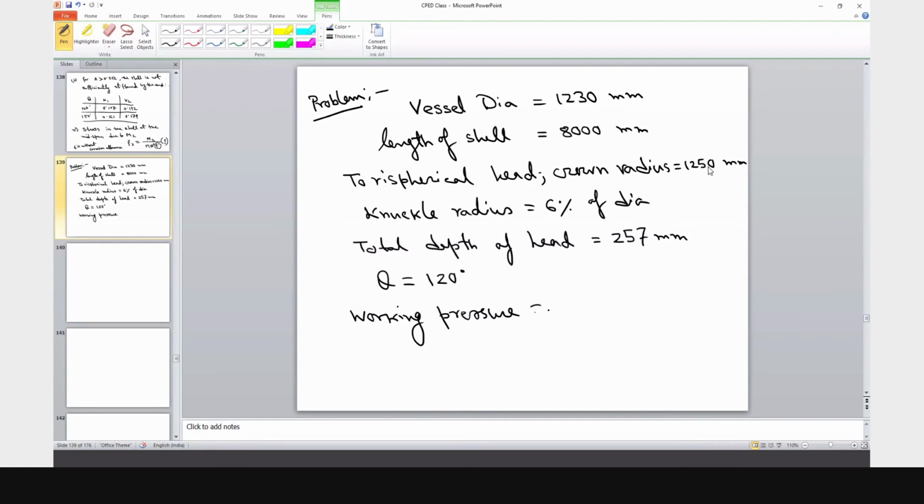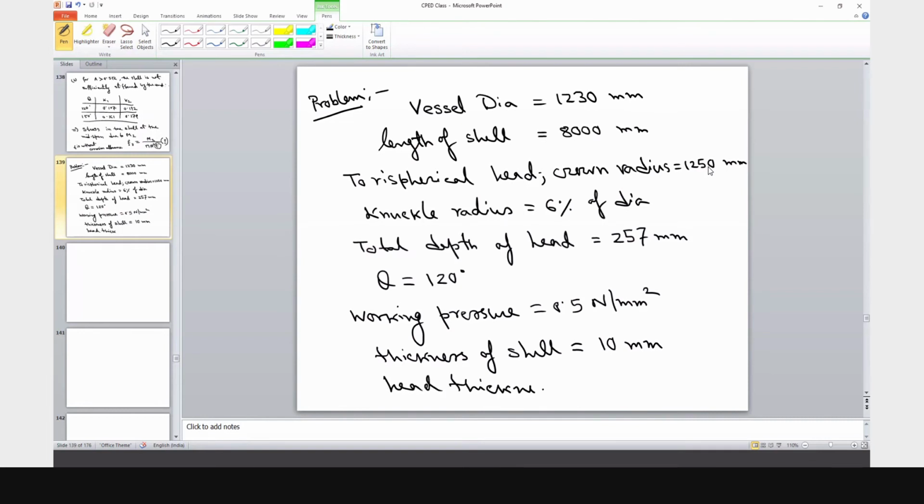Working pressure is here 0.5 Newton per mm square. Shell thickness 10 mm. Head thickness 12 mm.